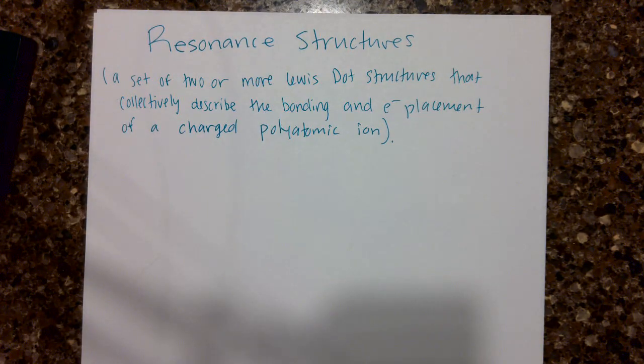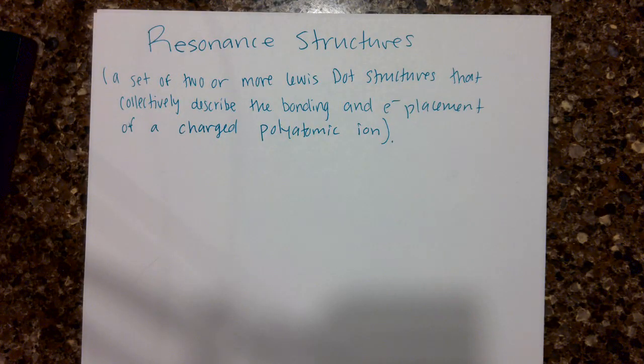So we can't just use one Lewis dot structure to represent what's really going on, because if that electron can be in one place and the next minute it's somewhere else, one snapshot does not accurately show what's going on. So we have to show technically everything that's happening at the same time.